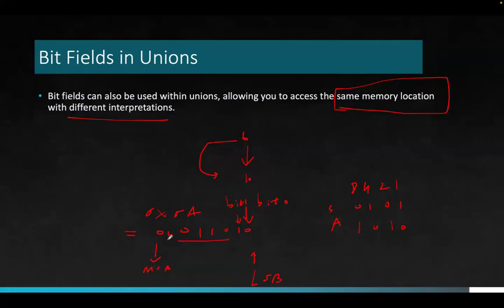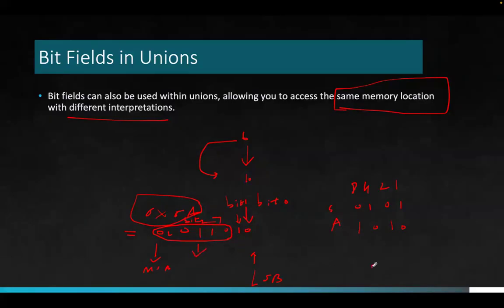And all the remaining data is stored in the bit 2 to 7 variable. If you understand it, the same address, 0x5a data, is in the same memory location, and we are storing it with different interpretations. Which means if you print bit 2 to 7, you will get only this data.